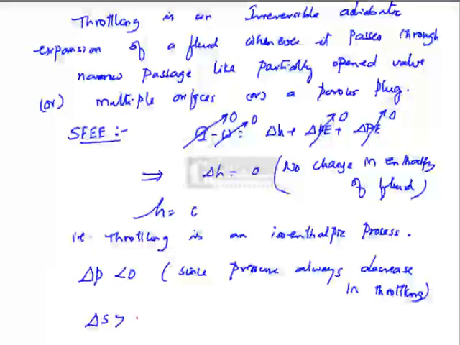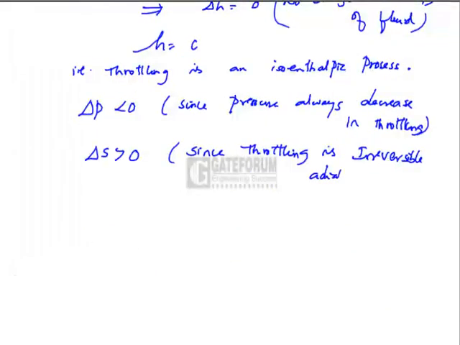Delta S is always greater than 0, since throttling is irreversible adiabatic process with friction. Delta H is always 0, since enthalpy remains constant as we have proved above.